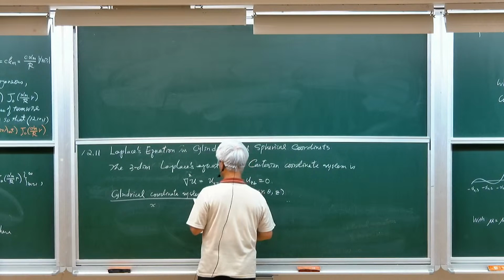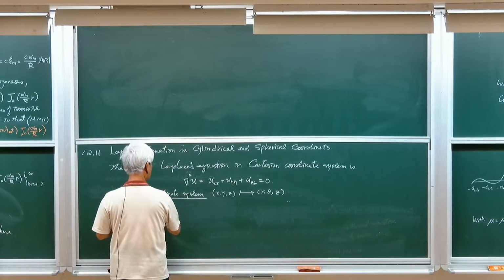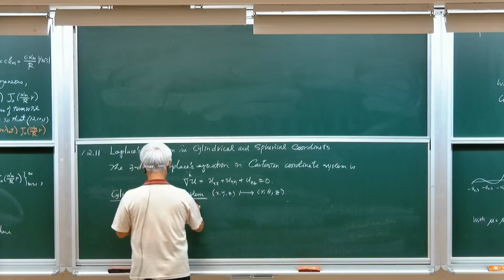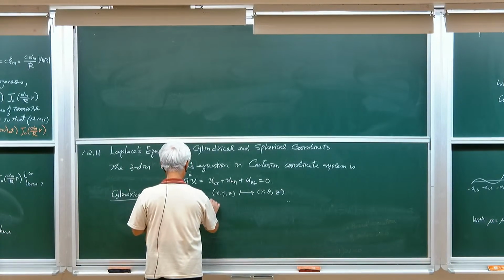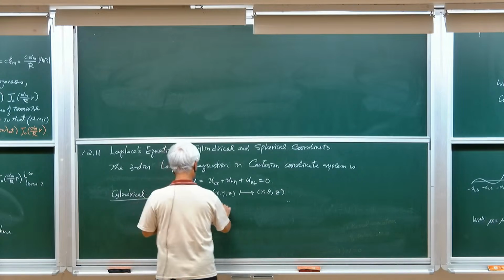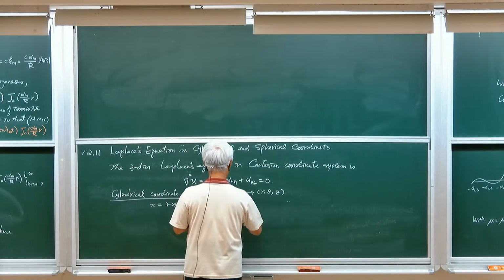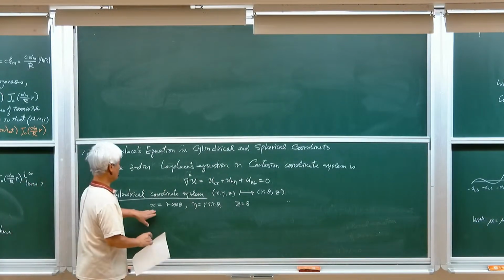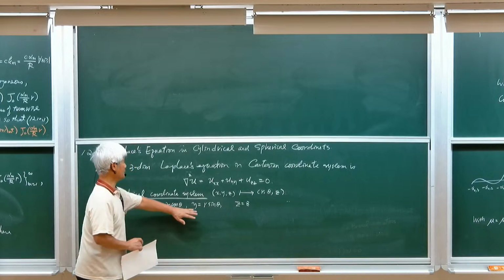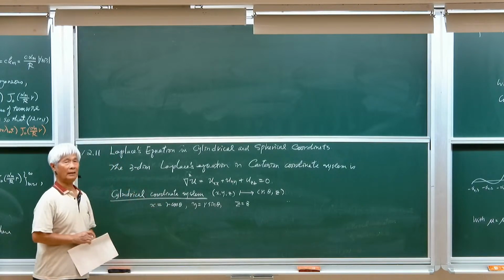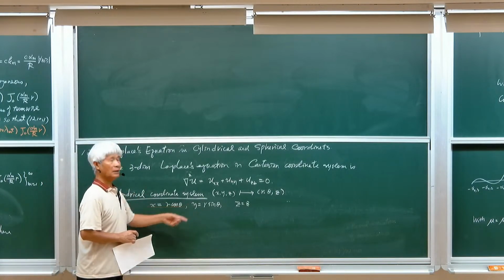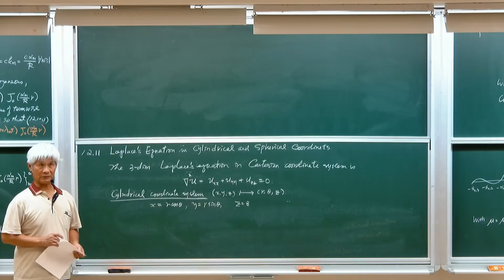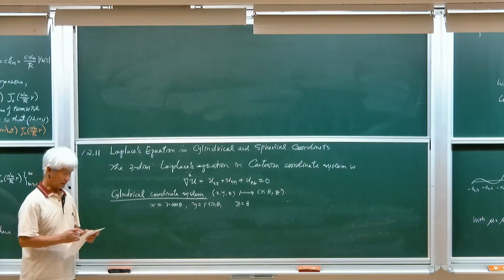Here x becomes r cosine theta, and y becomes r sine theta, and z will be the same. If you focus on the xy plane, what we have done is just the polar coordinate transformation, as we discussed in the previous section.